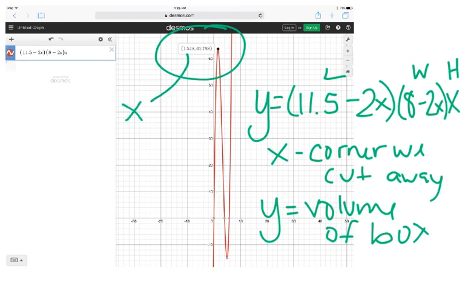So the corner we cut away, if we had cut a corner that was 1.548 inches, then the maximum volume we could have got is 63.798. So if you wanted to have the most popcorn in your box, you would need to cut a square corner of 1.548 inches, and you would have had a volume of 63.798 inches cubed.